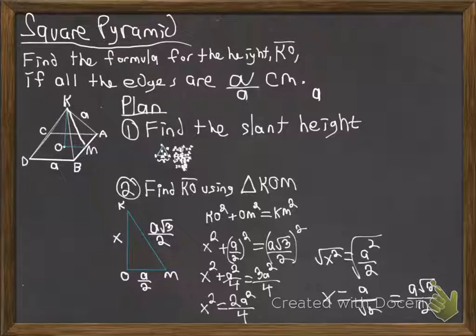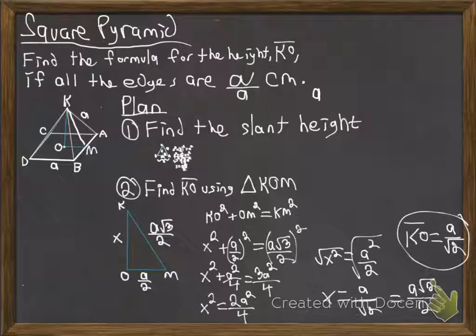So, as a result, the formula for KO, to find KO quickly, is just take whatever the edge value is, so our A in this case, and divide it by root 2. So, if the edge value is 10, then the height of the square pyramid is just going to be 10 divided by root 2. If the edge value is 100, 100 divided by root 2.